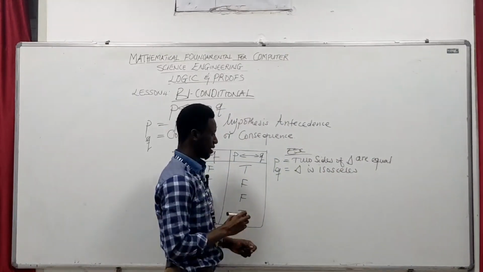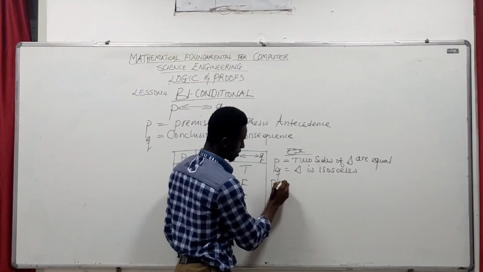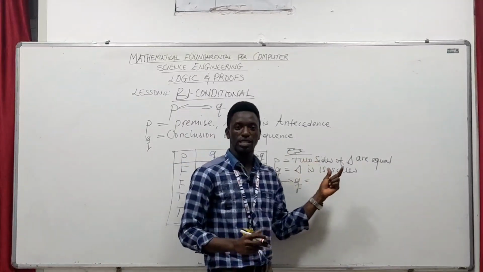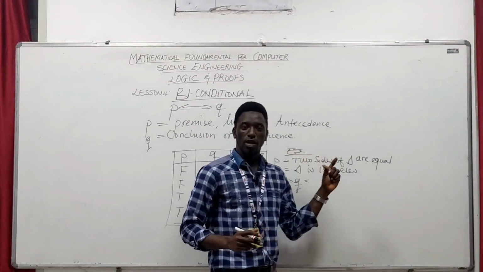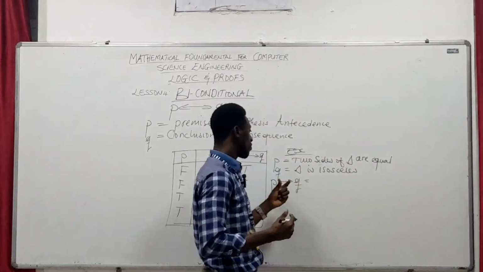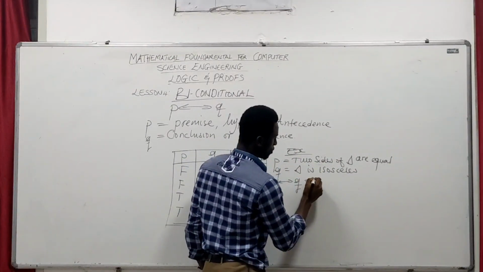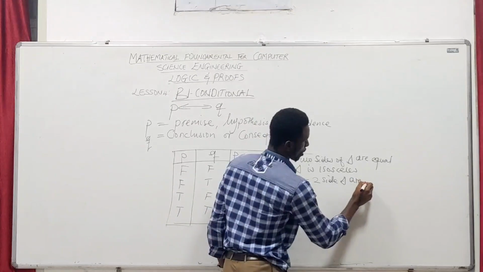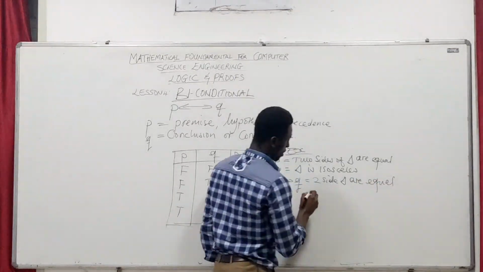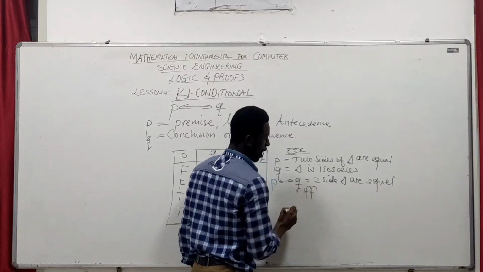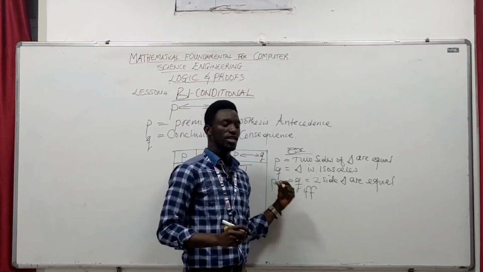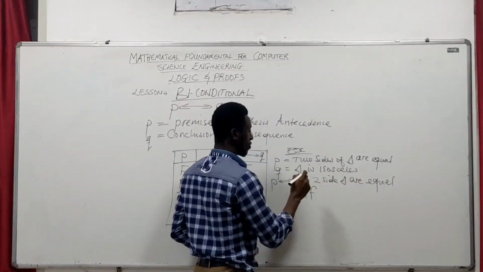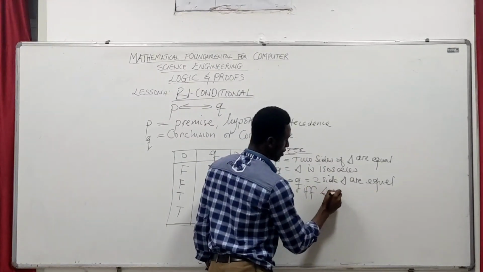So for a biconditional statement, P double implies Q means the two sides of a triangle are equal if and only if the triangle is isosceles. Okay? Here we use iff, which means if and only if. So the two sides of a triangle are equal if and only if the triangle is isosceles.